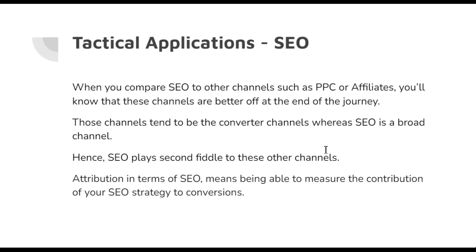It could help you to set campaign goals for your SEO, and it could help you to funnel your cost where they make the most impact and focus on marketing metrics that actually matter. So these were the tactical applications of attribution in SEO, and we have covered 3 channels for now, and the other ones we'll cover in the next video.